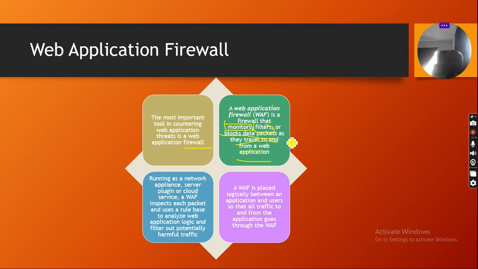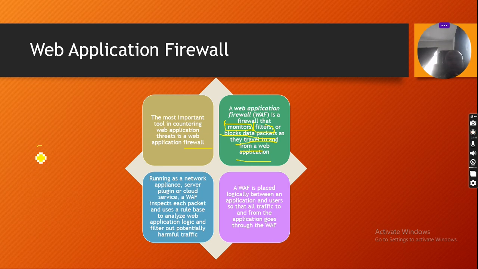So they monitor, filter, and block data packets traveling to or from the web application. They run as a network appliance, server plugin, or cloud service. A web application firewall inspects each packet as it moves and uses a rule base to analyze web application logic and filter out potentially harmful traffic.